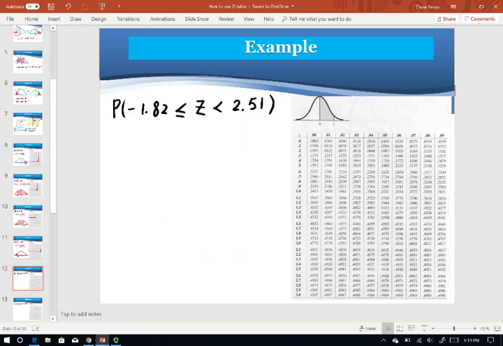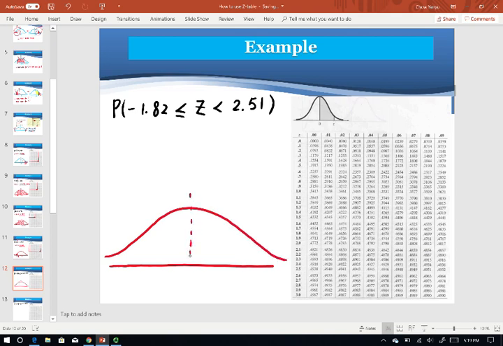Now let's see another example, between. Let's draw the curve again. Here is between one positive and one negative. The middle is 0, so between negative 1.82 and 2.51, from here to here.